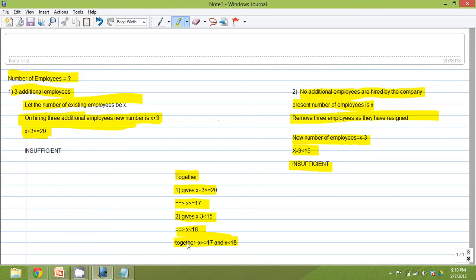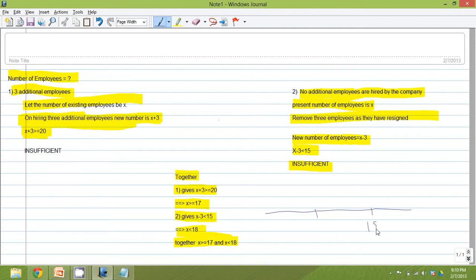If you plot it on a number line, for example, if you draw a number line here, okay, this is a very crooked number line, but if you draw a number line and mark X equal to 17 and X equal to 18.